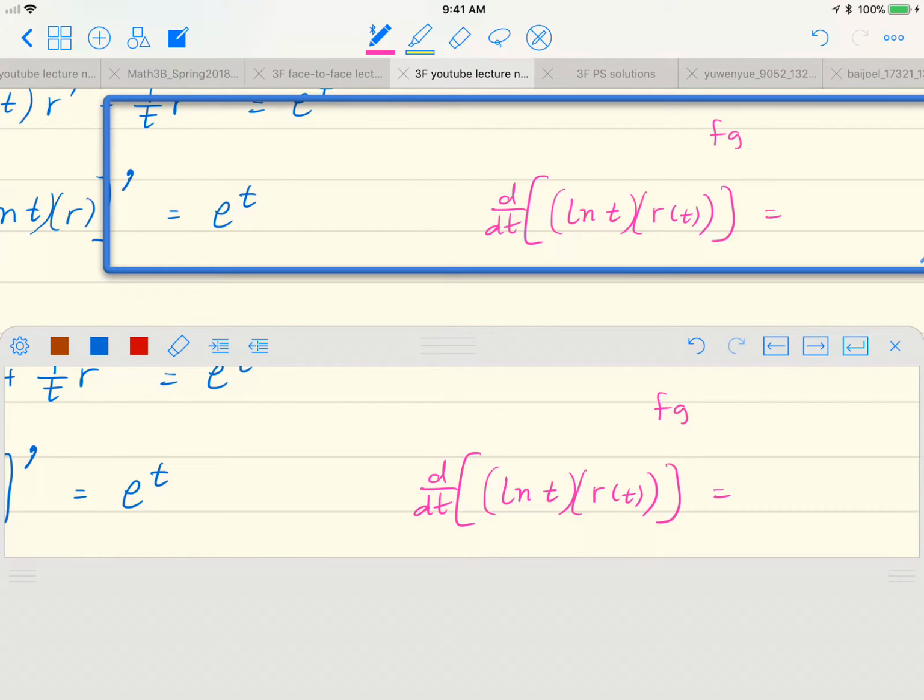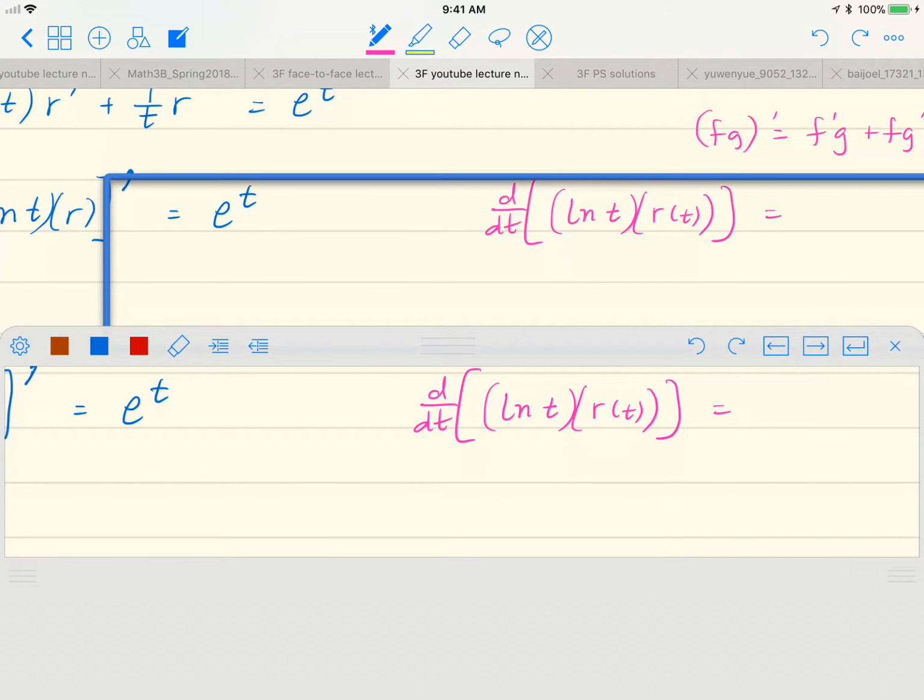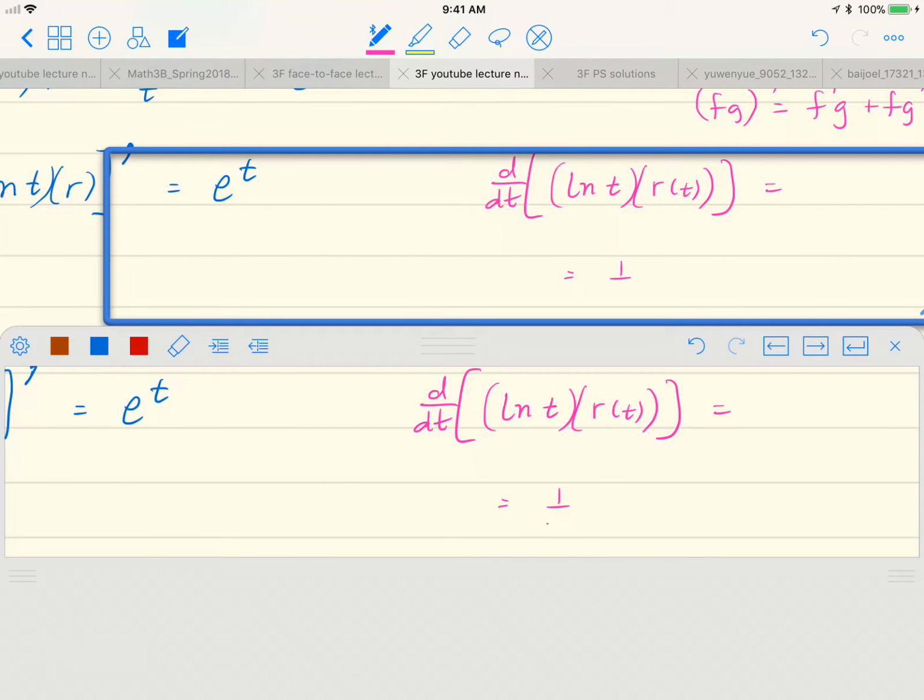Our rule is that the derivative of f times g is f prime times g plus f times g prime. So I need the derivative of the first one. What's the derivative of natural log of t? 1 over t. So it'll be 1 over t times r of t, plus natural log of t times the derivative of the second one.